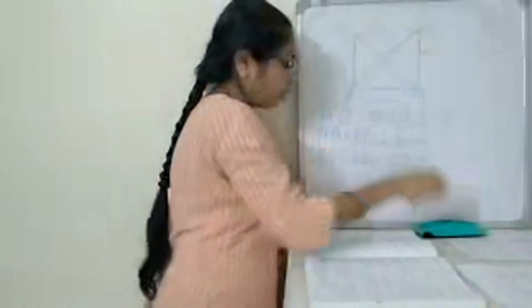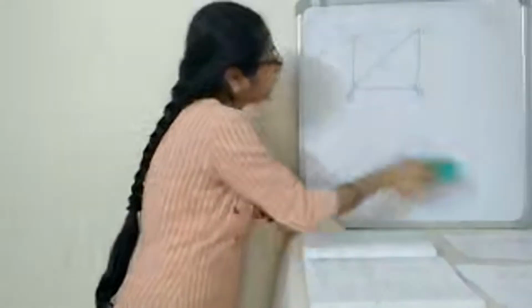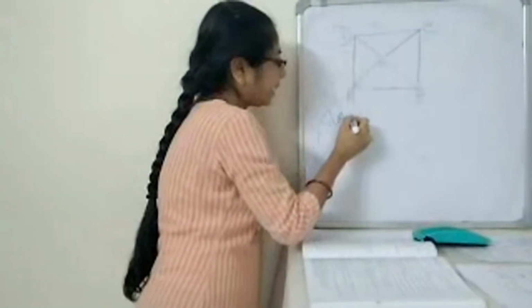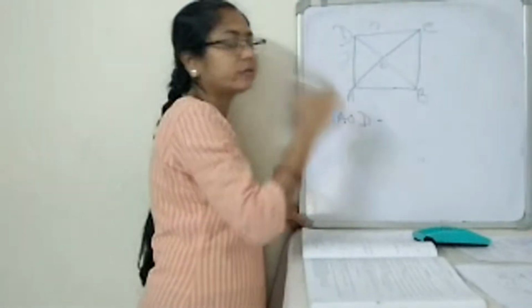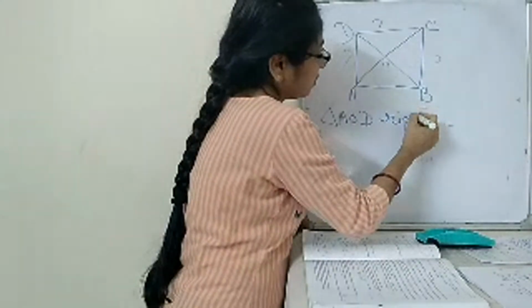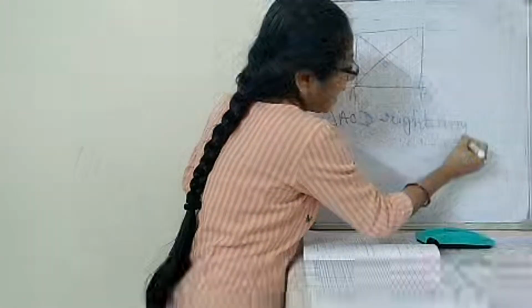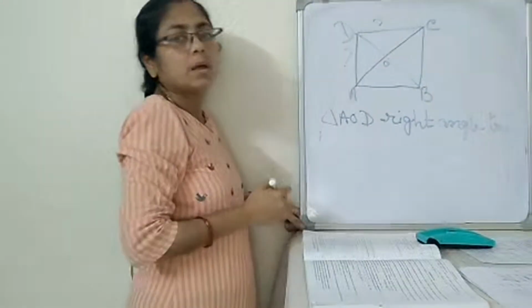Now what is the question? Find out the length of the side of the rhombus. Look, this triangle AOD, it is a right angle triangle.